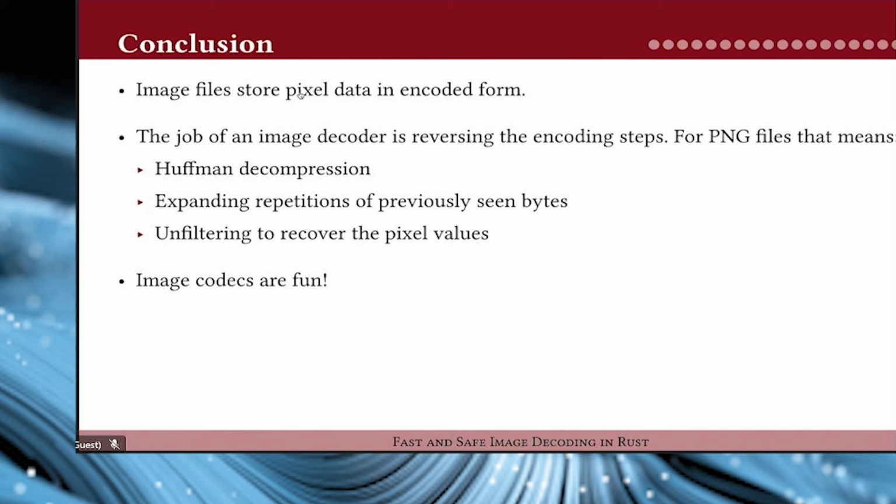So red, green, and blue pixels get different Huffman codes, and you have to alternate between them as you're reading the image. They have a larger number of filters too. PNG has 4, WebP has like 12 or 13. So yeah, they can get more complicated.